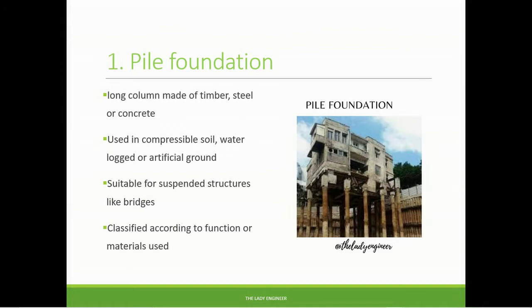Pile foundations come in different types and are classified according to functions or materials used. Because we have so many types of pile foundations, I am going to make a video specifically for this type of deep foundation.